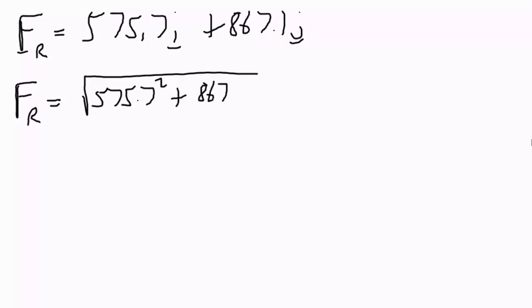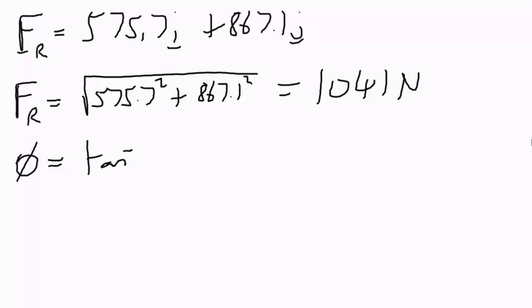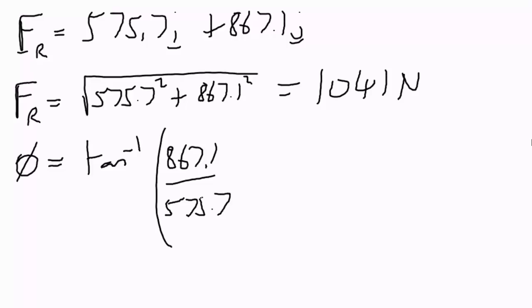is going to use Pythagoras with the I and the J components. So that should equal 1041 newtons. The direction that it's going will then be the inverse tangent of 867.1 over 575.7, which is 56.4 degrees.